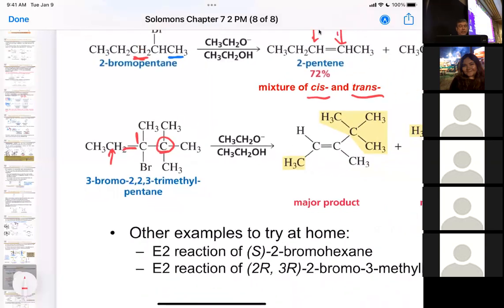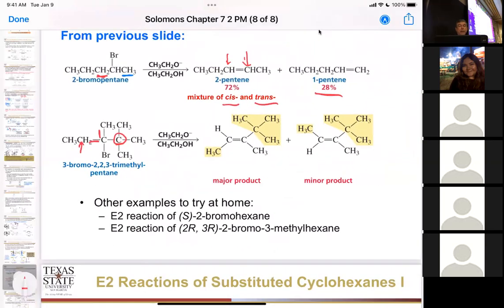So what we're going to see is we're going to have our major product is our internal group here. And then with the methyl group away from the t-butyl group. Okay.